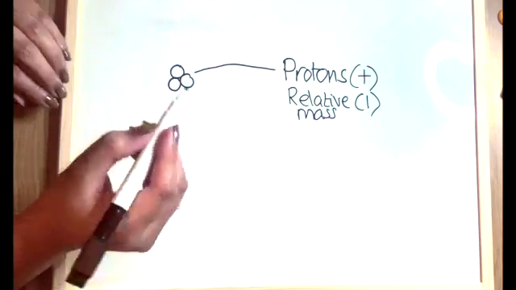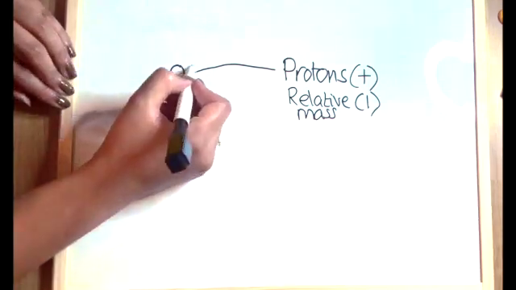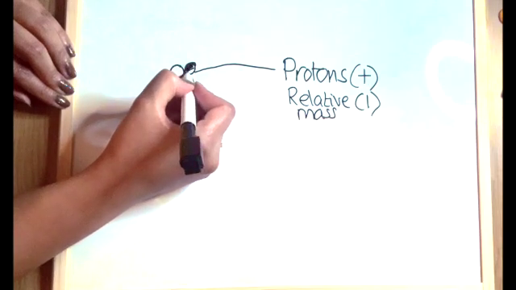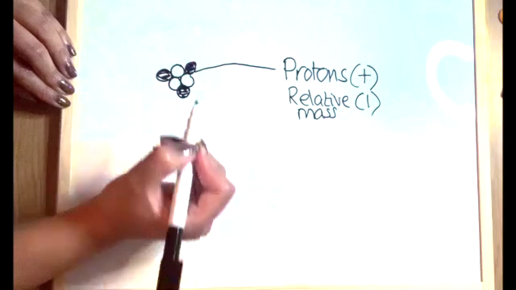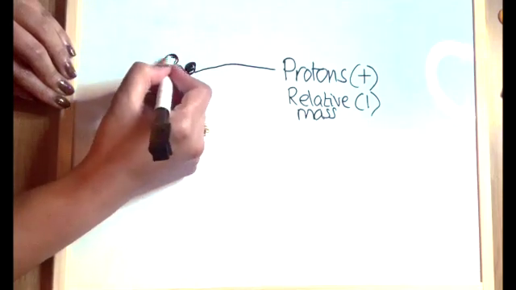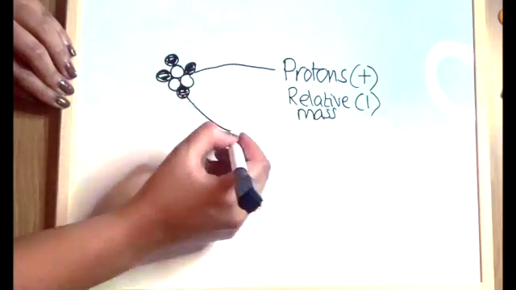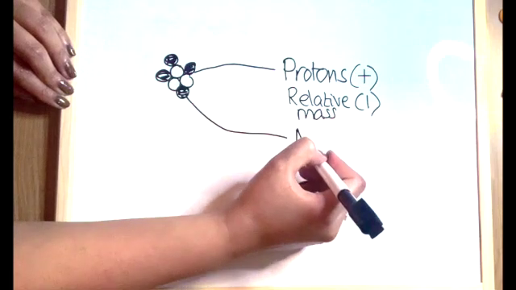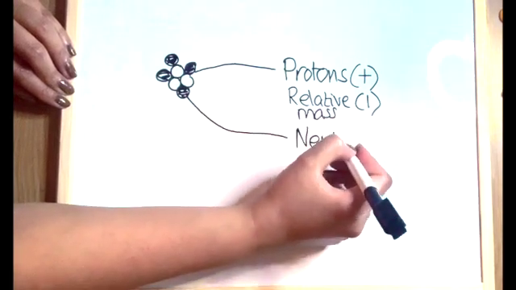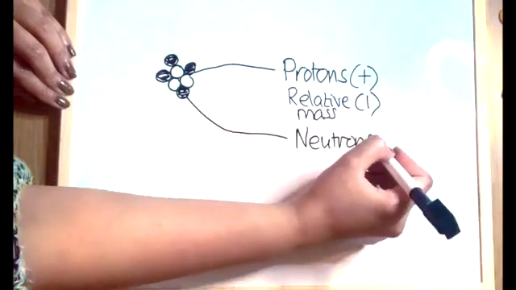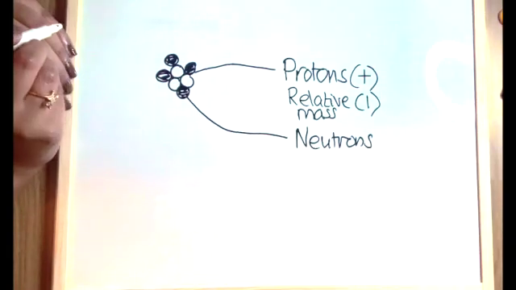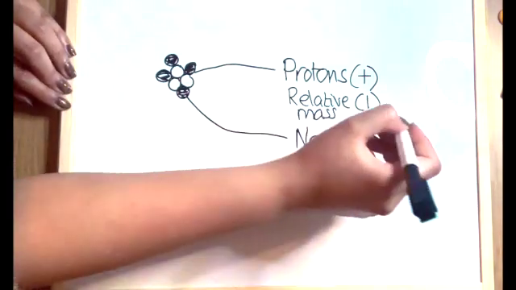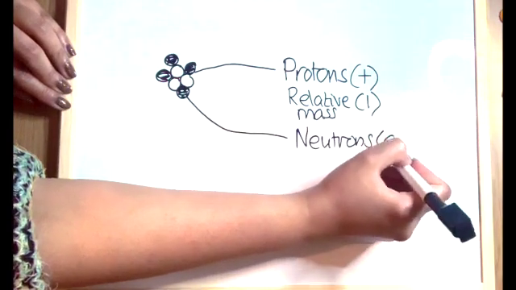And then we have these other types of particles, which I'm going to draw in now. These other particles are called neutrons. Now, neutrons are not positive and they're not negative. So neutrons are neutral. We say they have 0 charge.